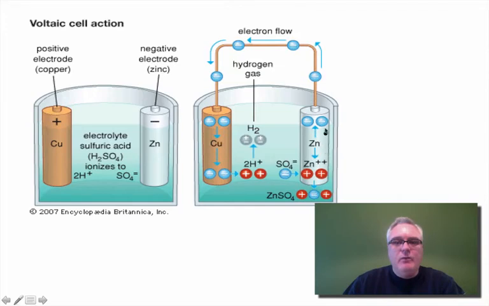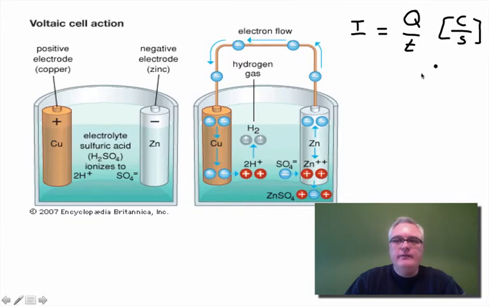And when we connect up the zinc and the copper, electrons flow around from the zinc to the copper, and we have a source of electric current. And that's what current is. Current is symbolized by the letter I, and it's the flow of electric charge. So it's charge divided by time. If we looked at the units, this would be measured in coulombs of charge per second.